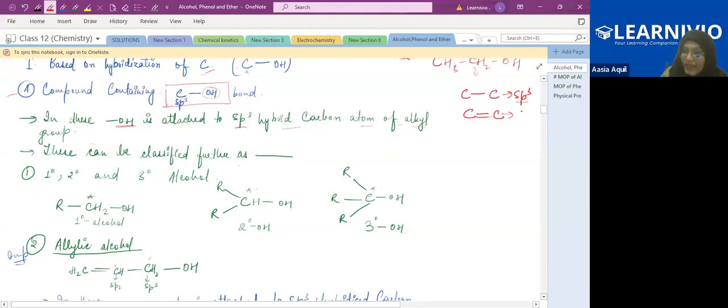The hybridization is sp2. And if between the carbon and carbon there is a triple bond, what will be the hybridization? It's sp, not sp1. Just remember this.